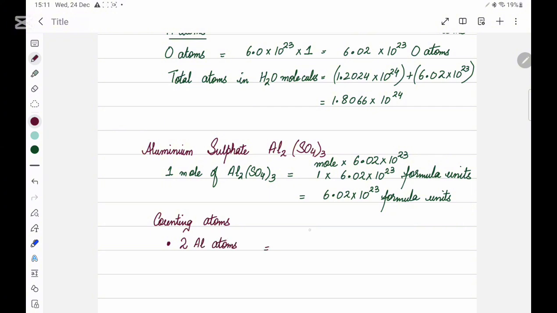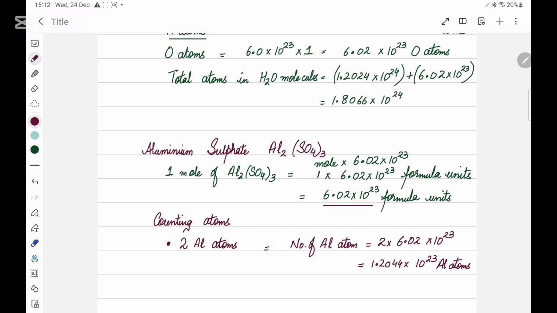So the number of aluminium atoms in Al2(SO4)3 is going to be 2 times the value of the formula units, 6.02 times 10 raised to power 23, and that comes out to be 1.204 times 10 raised to power 24 aluminium atoms.